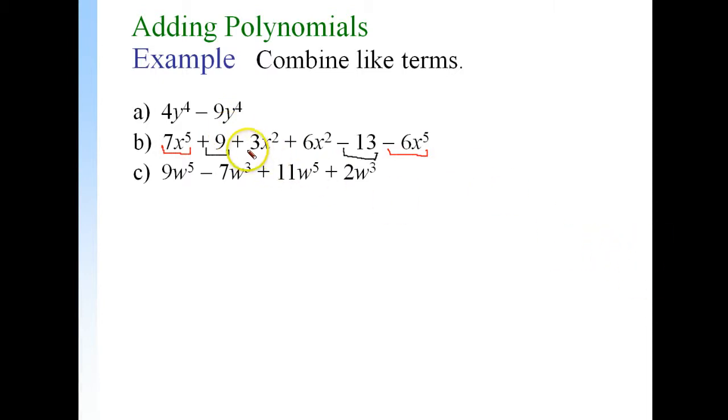And we have this and this are like terms. So you may recall earlier I said a good technique for doing this, well, let's take example C, is to write them in vertical columns. There's one, and there's another.